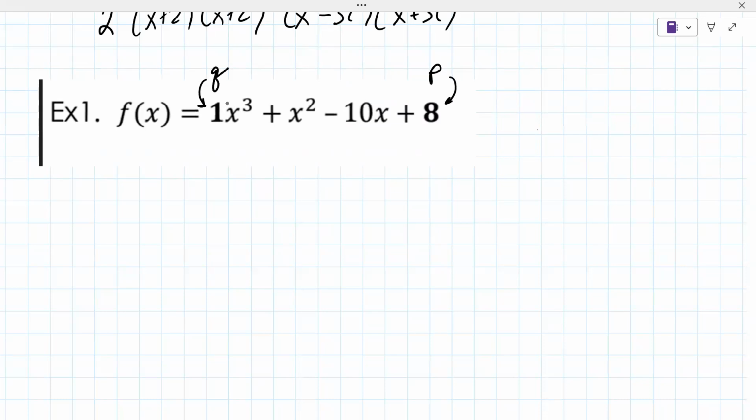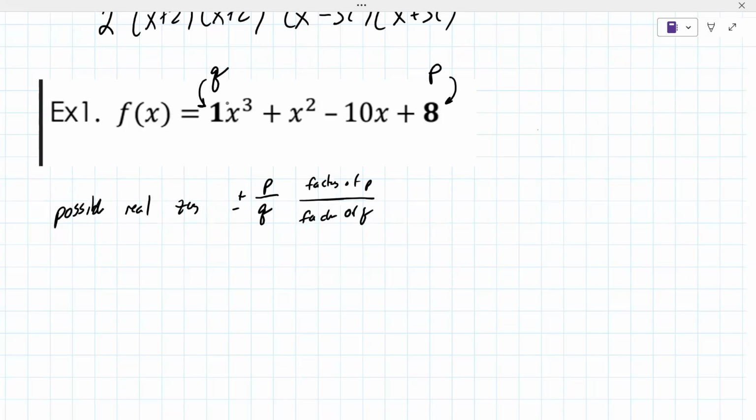Q is the coefficient of the leading term. And the possible real zeros come from the ratio of P over Q, plus or minus, where P is the factors of P and Q is the factors of Q. So you actually have to figure those out.